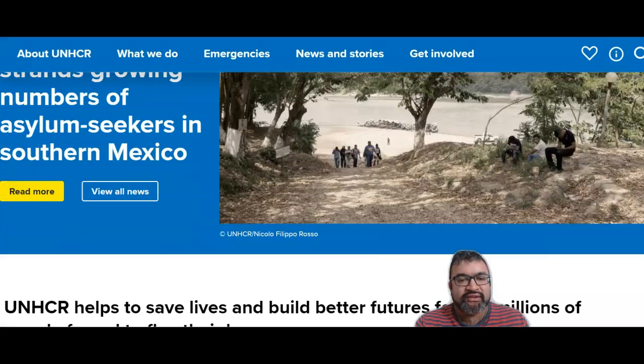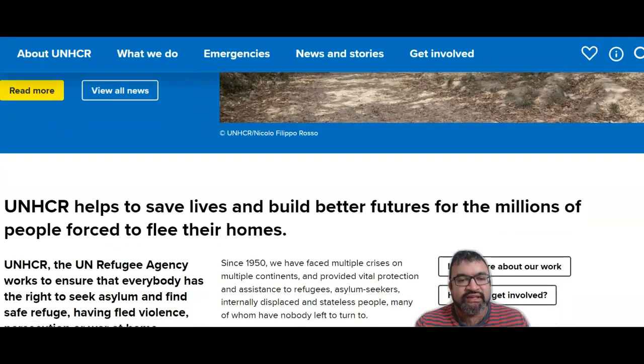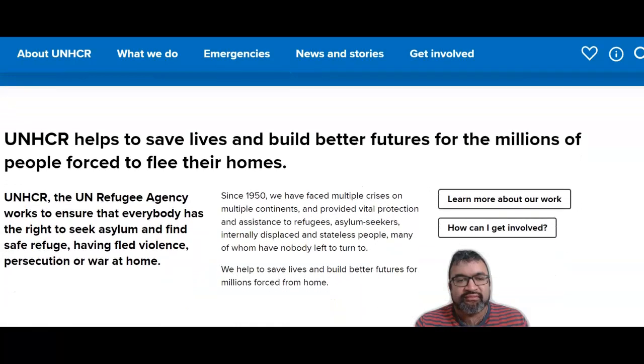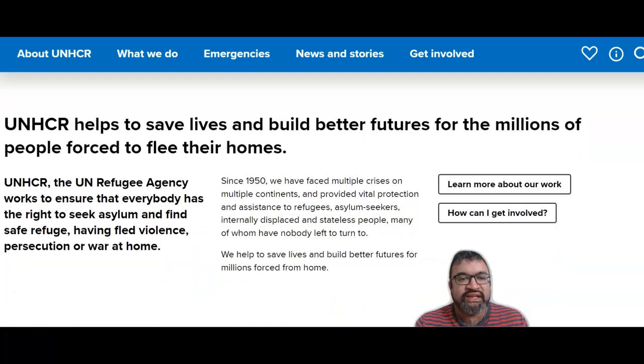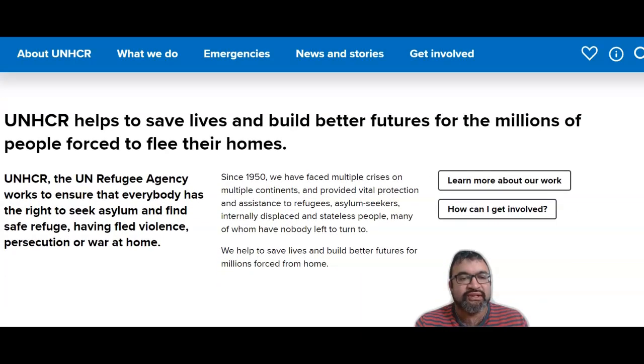So if you scroll down, I'm going to take you right through the data. If you scroll down here, you look at the refugee agency. They ensure that everybody has the right to seek asylum and find safe refuge, having fled violence, persecution, or war at home.